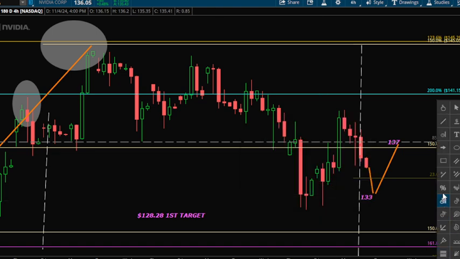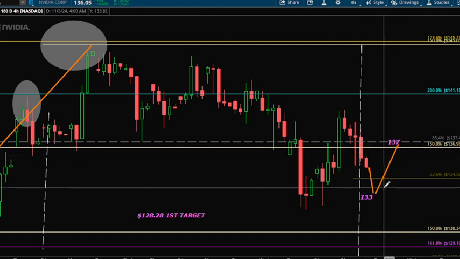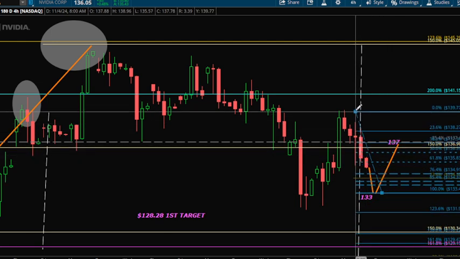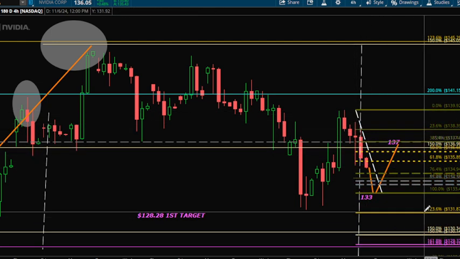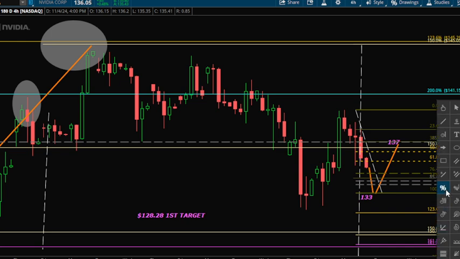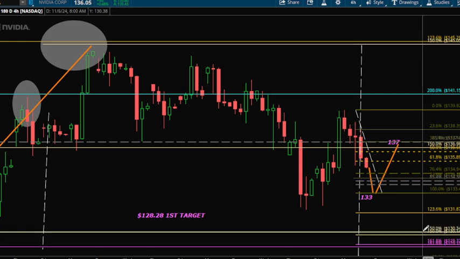And then from there, we just keep on with the same leg here to 131. Actually, let's keep the same 150%. Let's do 130.